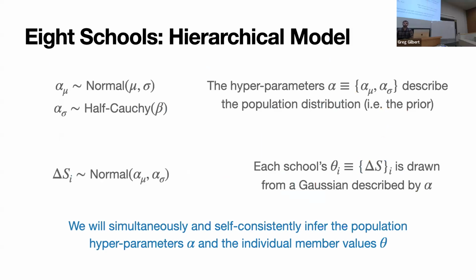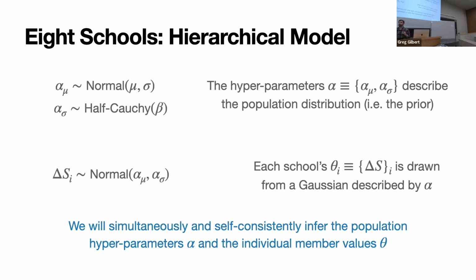Okay, so here is how we actually build a hierarchical model. The first assumption we're going to make is that all of the schools are drawn from the same overarching population. So this is the simplest hierarchical model we can build, which is just a two-level model. There's a population level, and then there's the individual levels.